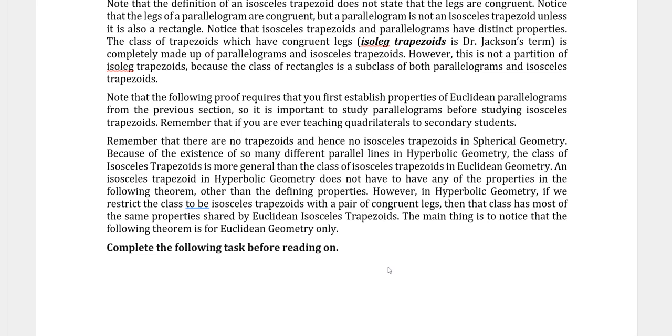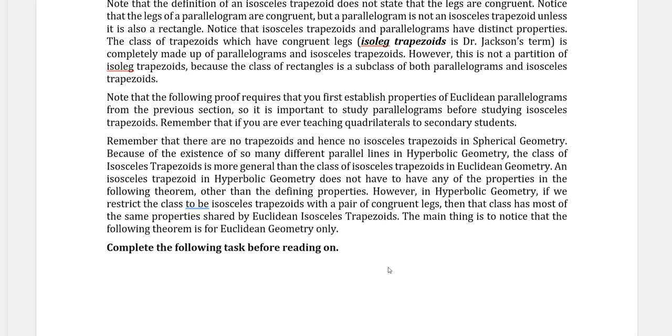There are no trapezoids and hence no isosceles trapezoids in spherical geometry, but because of the existence of so many different parallel lines in hyperbolic geometry, the class of isosceles trapezoids is more general than the class of isosceles trapezoids in Euclidean geometry.